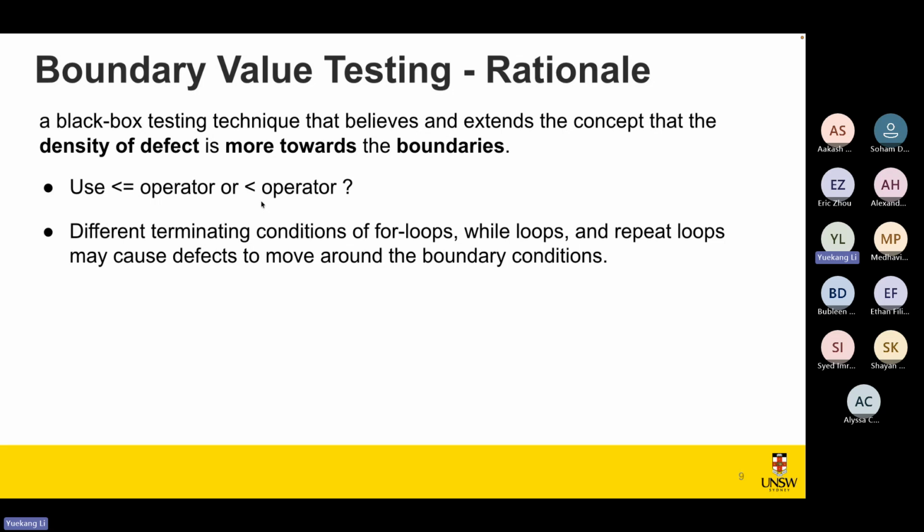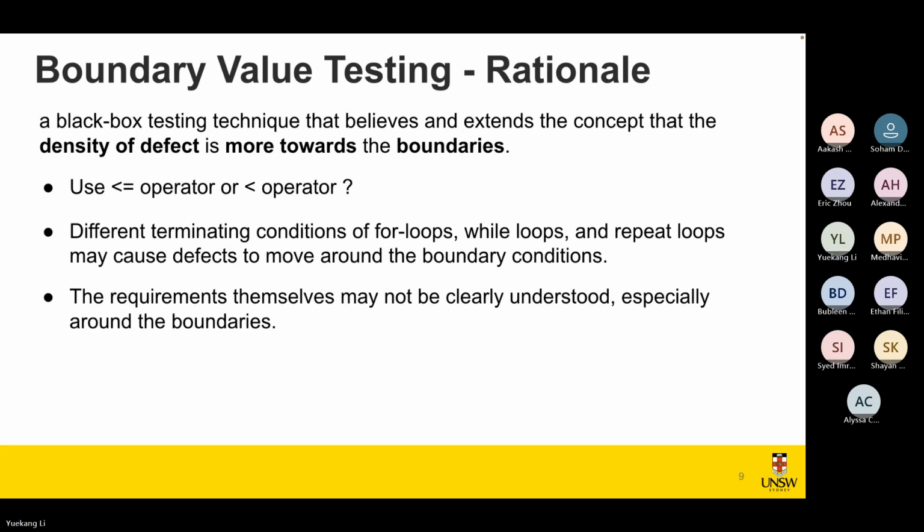Another boundary is inside loops. For example, we may have different termination conditions for different loops, and there could be some minor differences between a while loop and a do-while loop, right? So there are many different types of boundaries inside the program. Another potential reason supporting this assumption is that requirements are normally written in natural language, which is by nature not very precise.